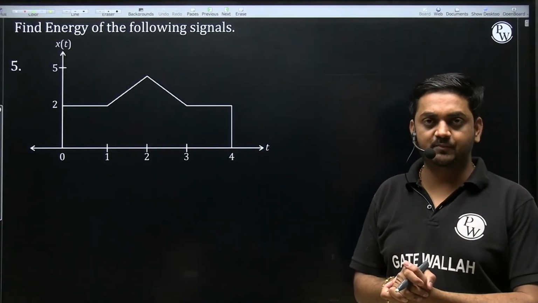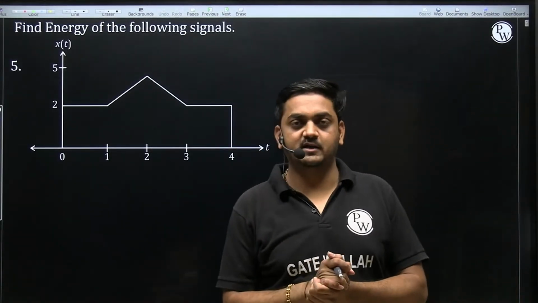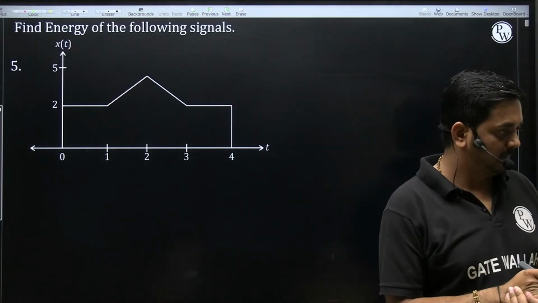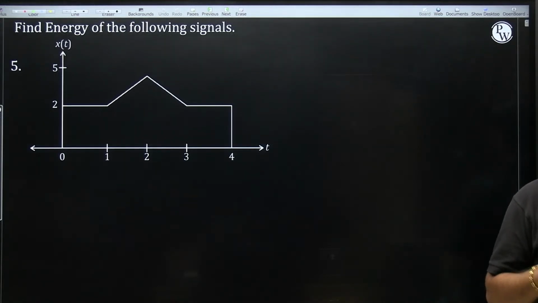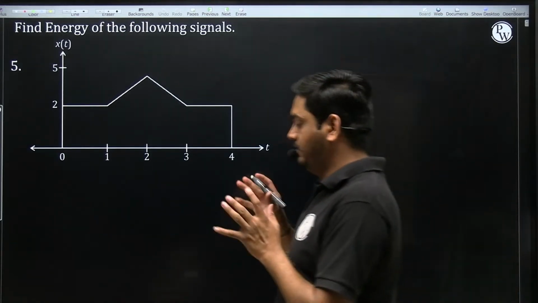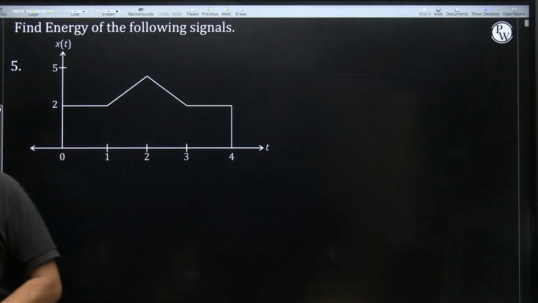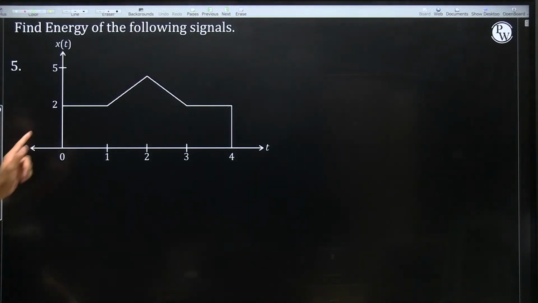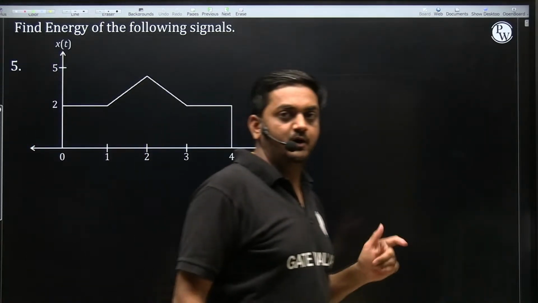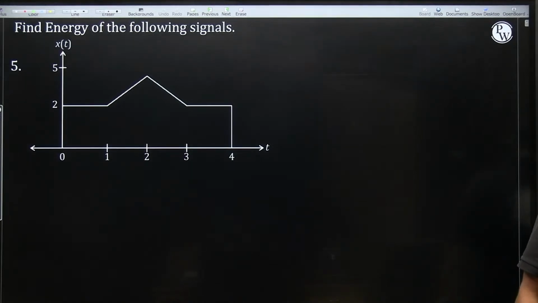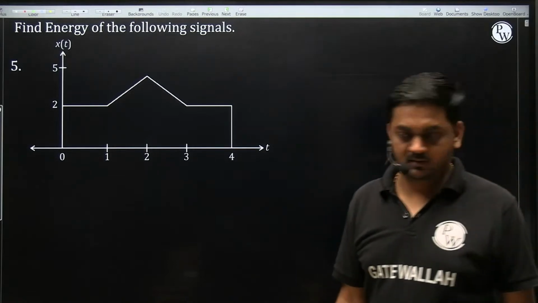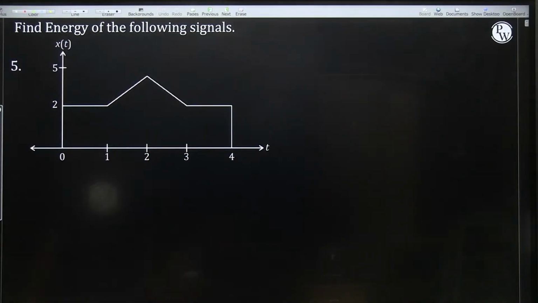So apply that concept and tell me the correct answer for this question. If you find the correct answer, then you may come under 100 rank in the upcoming GATE exam. So let us see how many students can get the right answer to this question.